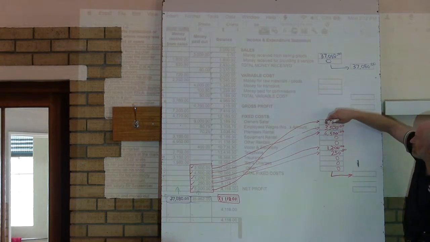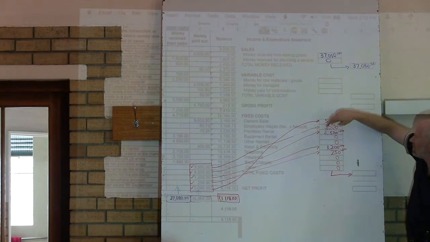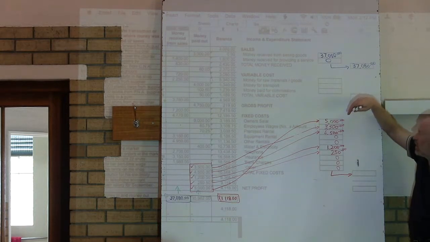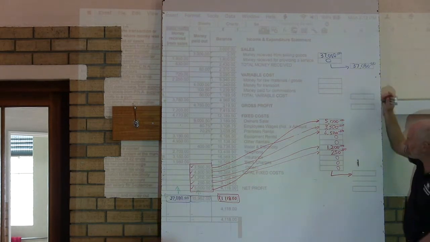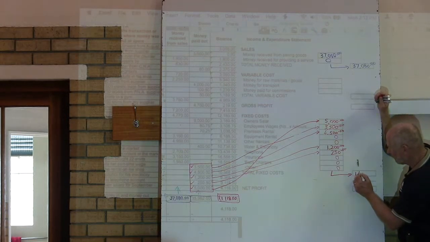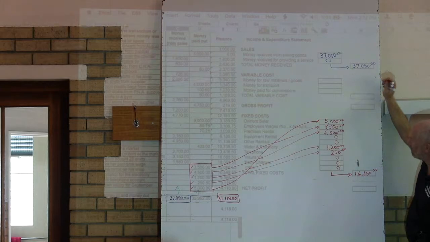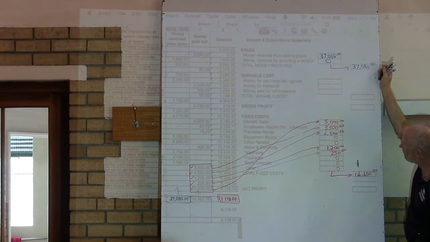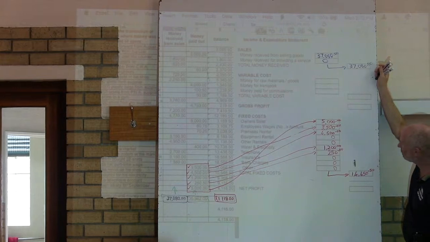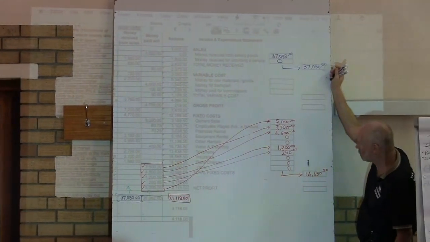So 5,000 plus 3,000 is 8,000, plus 4,000, 12,000, plus 500 is 13,000, plus 1,000 is 14,000, 14,450 and 50 cents. Let me just check. Yeah, that's right.